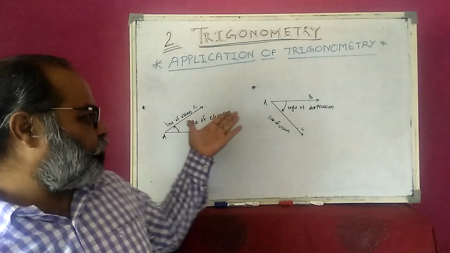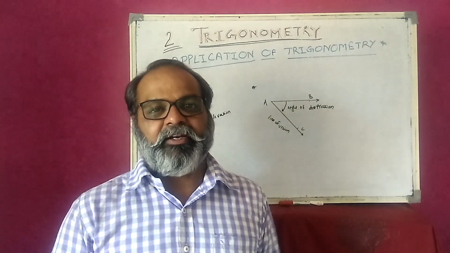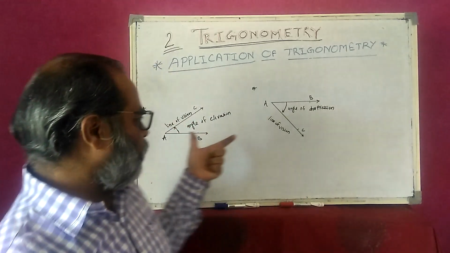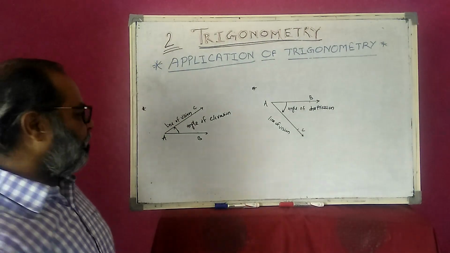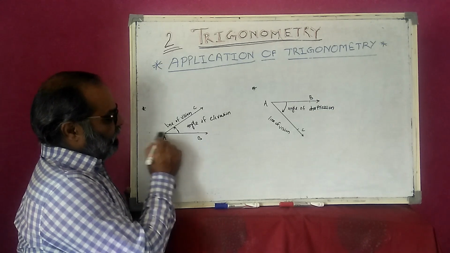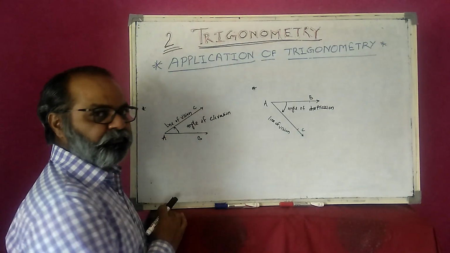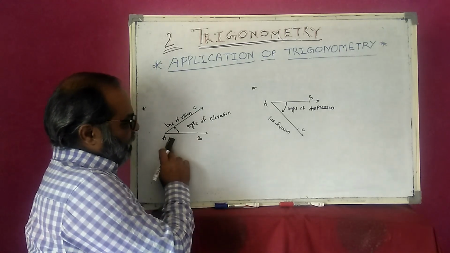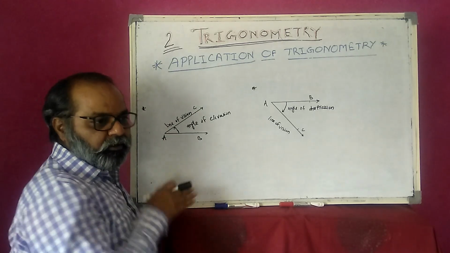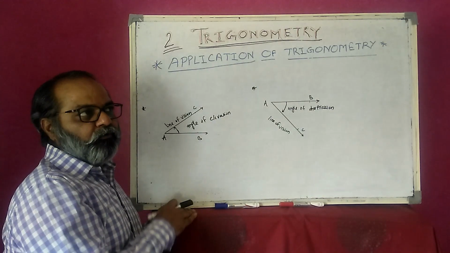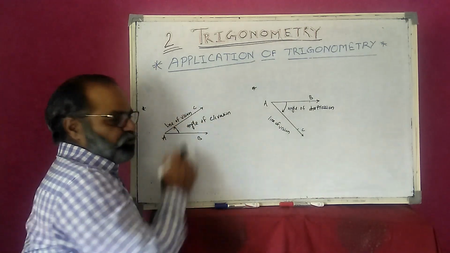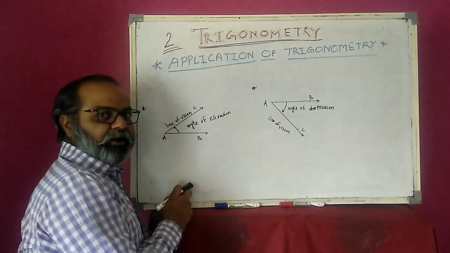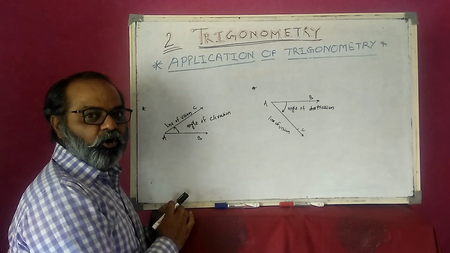There are two basic concepts to find an unknown height or width. The first concept is angle of elevation. A person is standing here at point A, and my observed point is C. The line AB is the ground level. When I look towards the point C, that angle is called the angle of elevation.